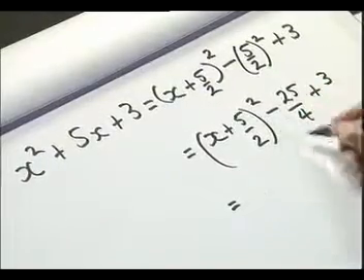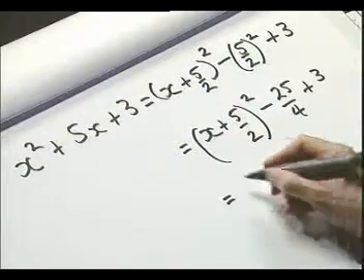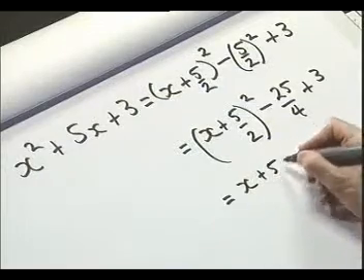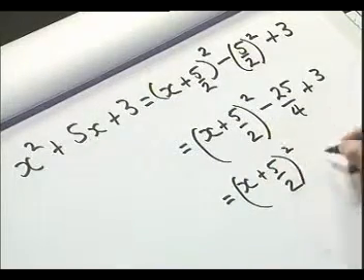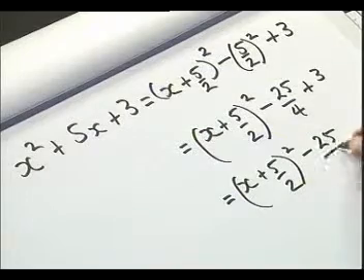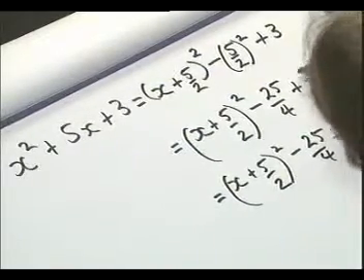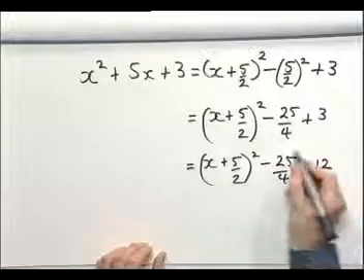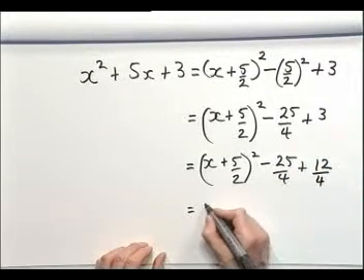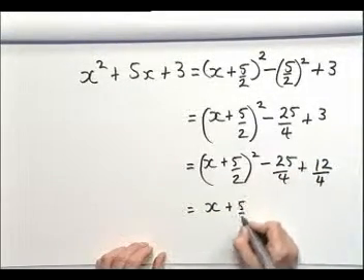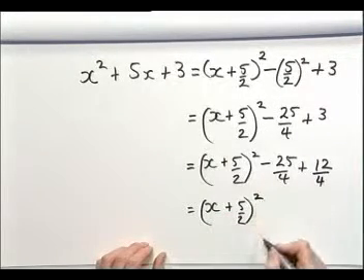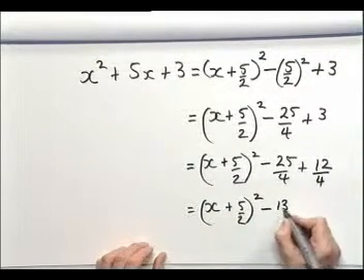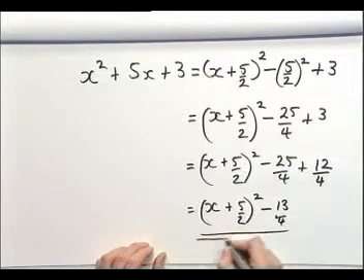And of course, we'd like to combine these numbers at this end. Now we need to convert these to quarters as well. So 3 is 12 quarters. And now we can combine these, since they're both in terms of quarters. x plus 5 over 2 all squared minus 13 over 4. And we'd leave it like that.